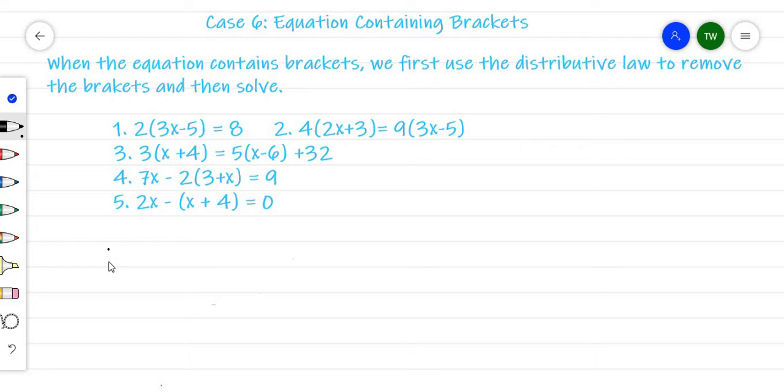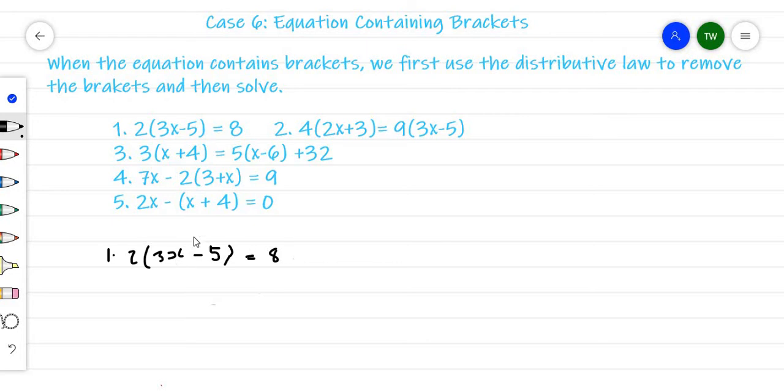So the first one, we have 2 open bracket 3x minus 5 equal 8.